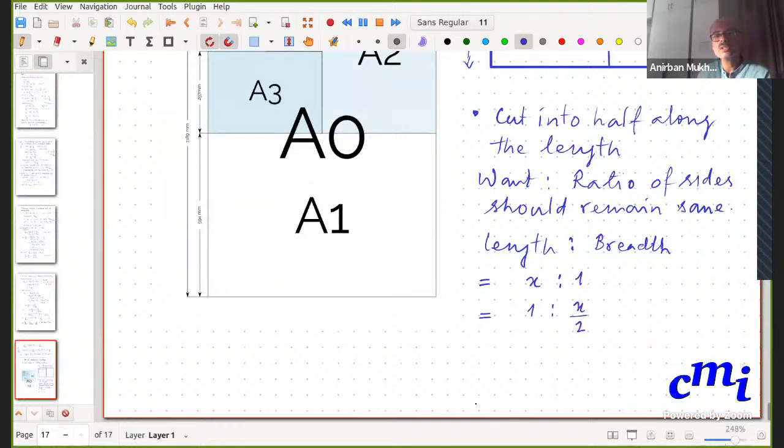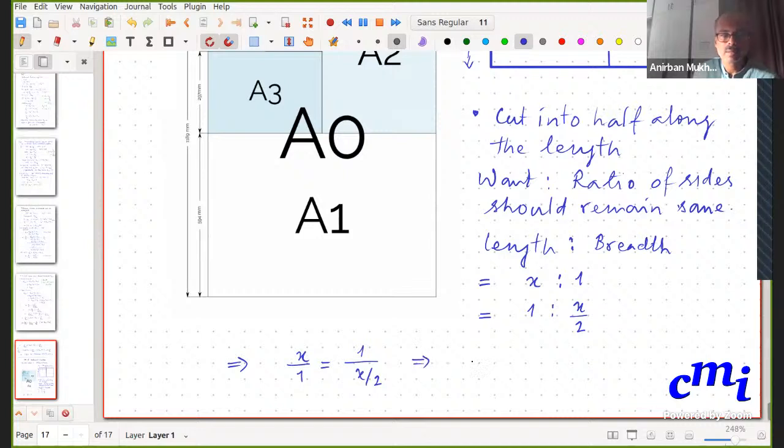So we want these two ratios to be the same. What do we get from it? We get that x by 1 should be equal to 1 by x by 2.